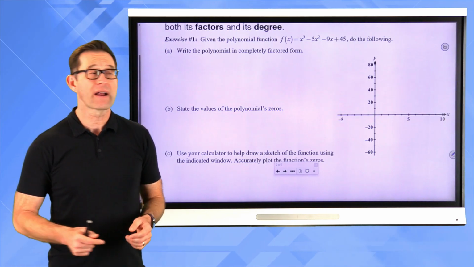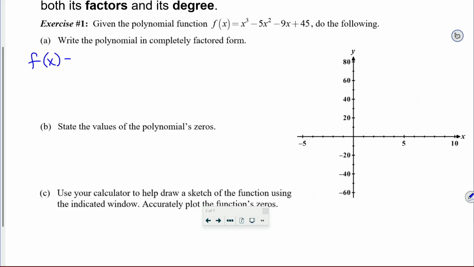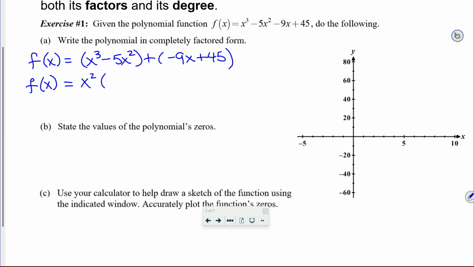All right, well, we're going to factor this thing by grouping. Here we go. So the first thing I'm going to do is I'm going to write it as x cubed minus 5x squared plus negative 9x plus 45. All right, in the first set, I'm going to factor an x squared out. That's going to leave me with x minus 5. Then I'm going to factor a 9 out of the other one.